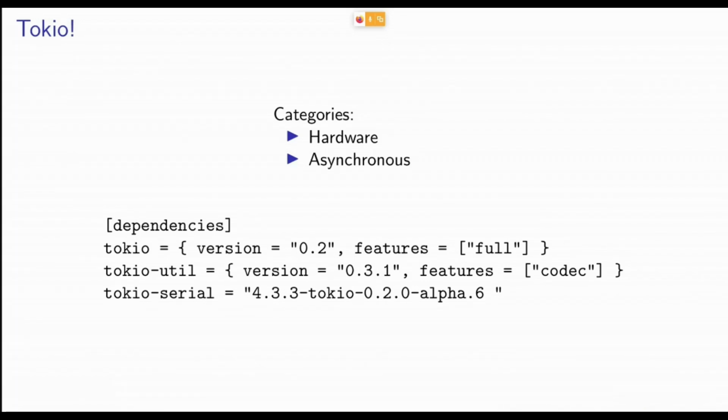We'll use some features from tokio-util and from Tokio. So don't be bothered by the features here in the dependencies, and also don't be bothered by the alpha version of tokio-serial. Well, it happens, considering that Tokio has just entered the 0.2 version not so long ago.